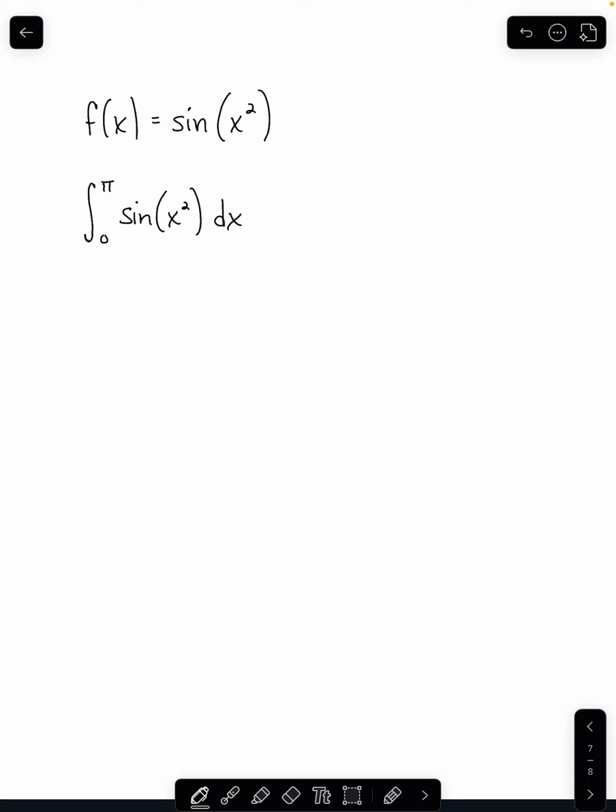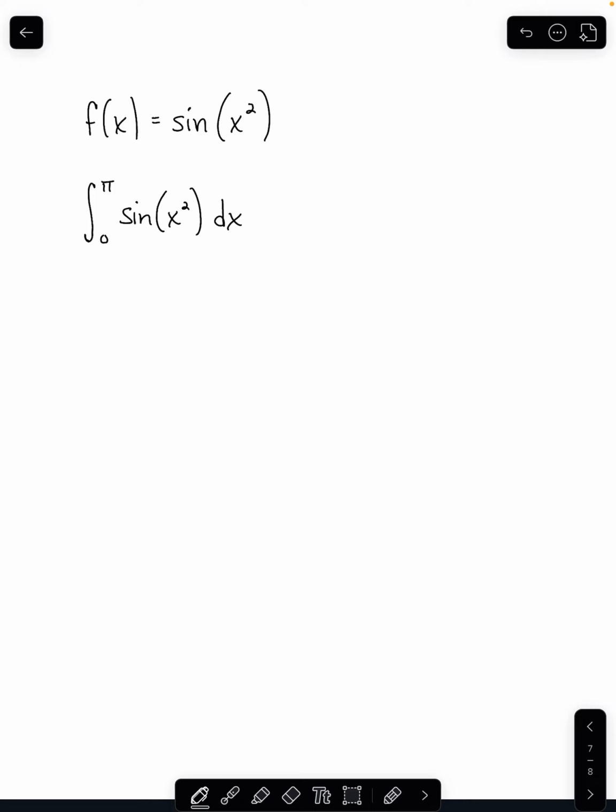it is a composition. However, the inside function is x squared. Its derivative would be 2x. There is no factor of x in the integrand. So we would run into a problem if we tried to do substitution. You can always attempt integration by parts using u equals the function and dv equals just the dx.